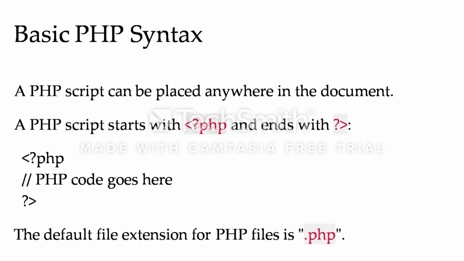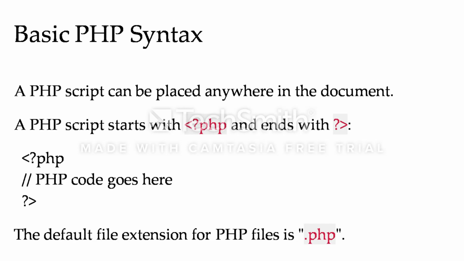Now, basic syntax of the PHP language. Actually, the PHP syntax is quite similar to the C programming language, but we have to keep in mind that a PHP script is more often than not embedded inside HTML.